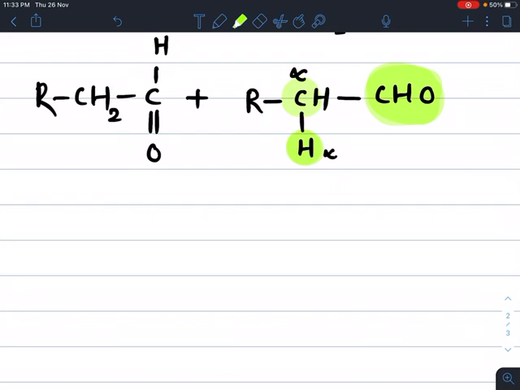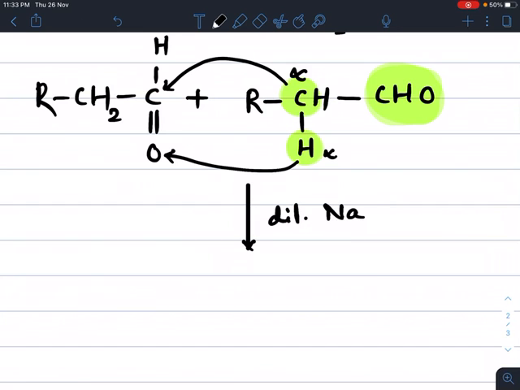Now the addition of the alpha carbon atom always takes place to the carbonyl carbon, and the alpha hydrogen is added to the carbonyl oxygen, in the presence of dilute alkali like dilute NaOH.